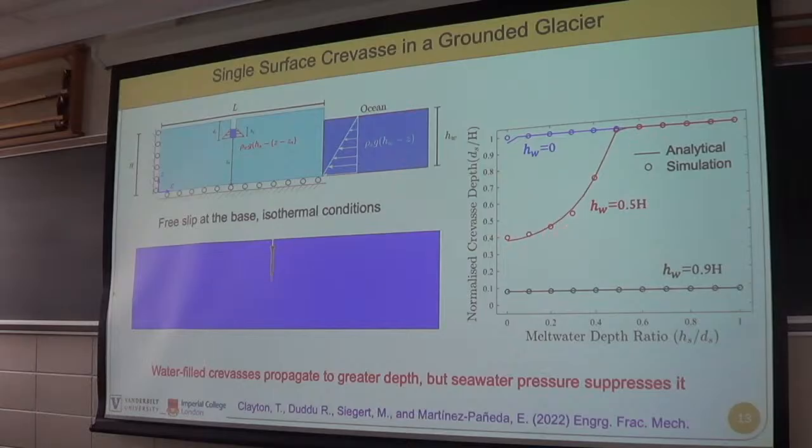If the water height is 50%, then you get this red line. And if the water is fully there at 90%, that's near flotation, related to the density of ice being 90% of the density of seawater. And beyond that, the glacier becomes floating, so you can never have more water level than that.